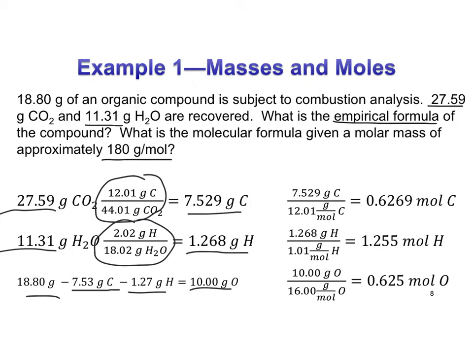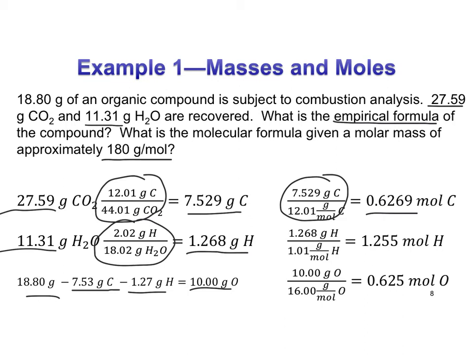Next, we need to determine the number of moles present for each element. For carbon, 7.529 grams carbon divided by 12.01 grams per mole gives 0.6269 moles carbon in the compound.